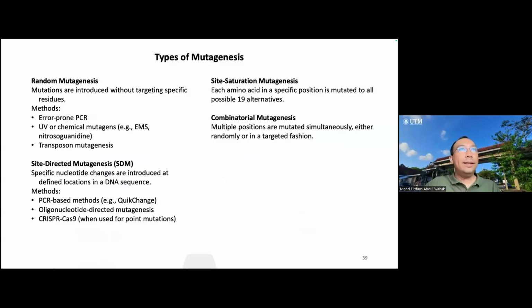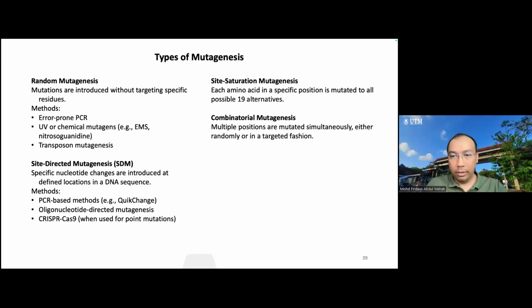So what are they? Random mutagenesis is mutagenesis introduced without targeting specific residues. So how do we do that? Using error-prone PCR. Error-prone PCR uses a polymerase enzyme that is not very accurate, so it always introduces errors.